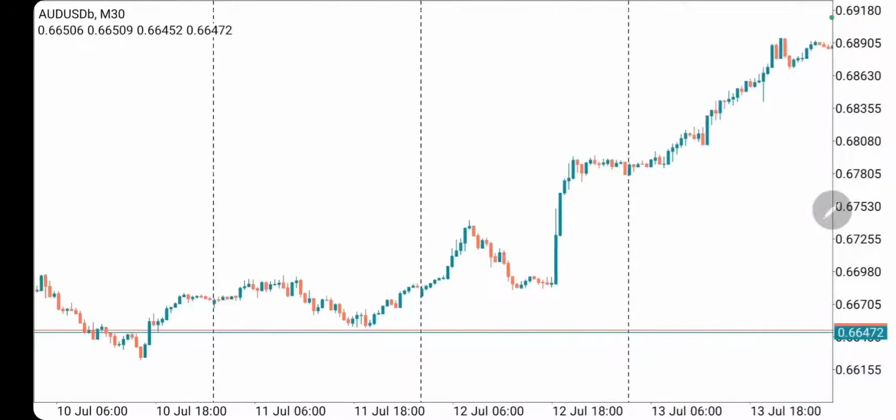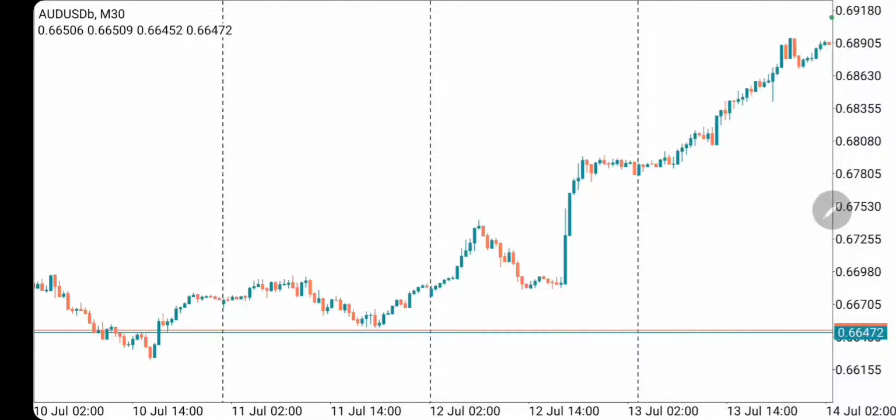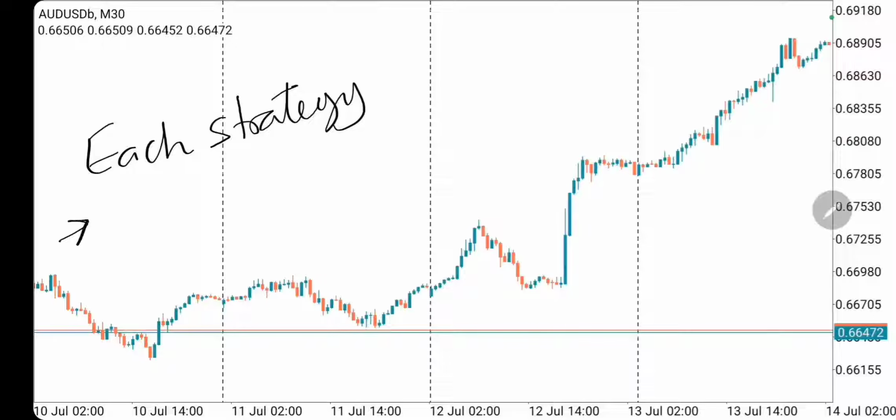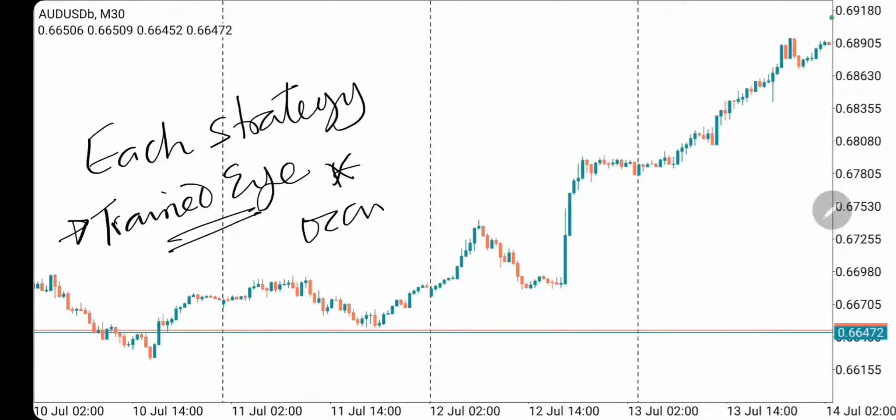Okay, here too, you just need to have an eye. Initially when trading this strategy, you might not be able to identify the occurrences. It's the same with every strategy. You need to train your eyes. With each strategy, you need to develop a trained eye in order to identify the occurrences of the strategy.